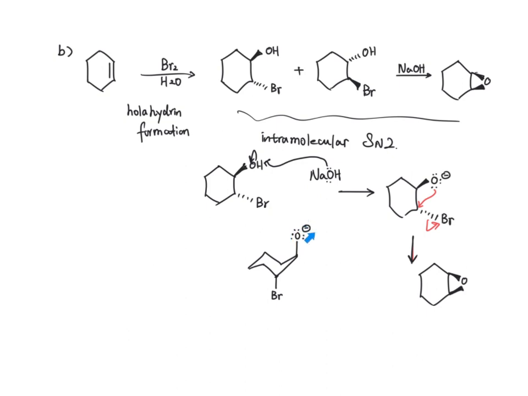For this nucleophile, it is very close to this carbon, so it just comes down to attack this carbon and at the same time kicks this off. Now we have our epoxide as the major product. SN2 reaction mechanism wins here.